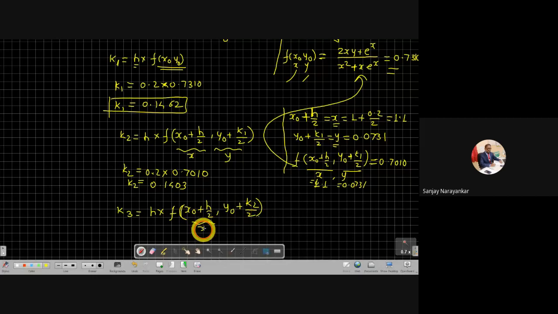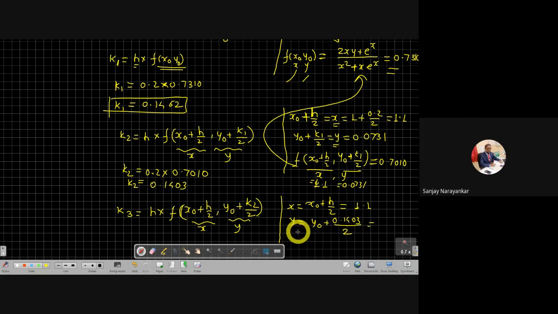So this is your x and this is your y. x is x0 plus h by 2, it is not going to change, it will remain the same, 1.1. And y is equal to y0 plus k2 by 2, 0.1402 divided by 2.